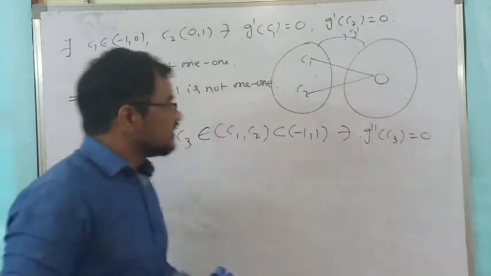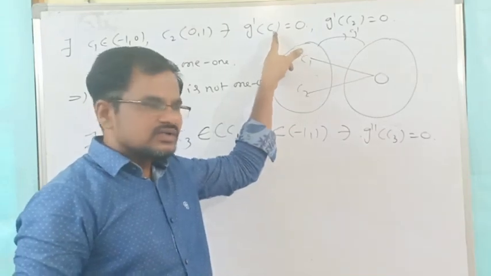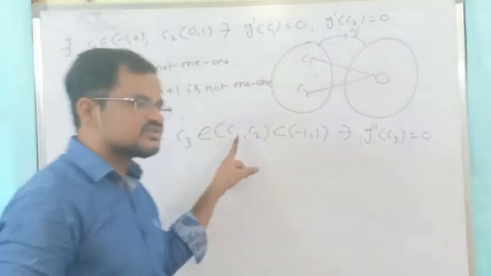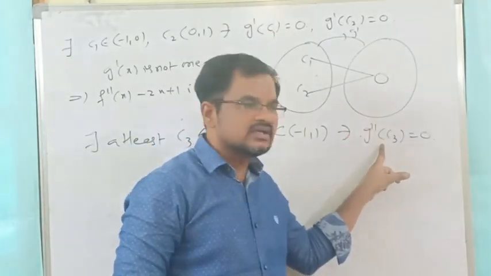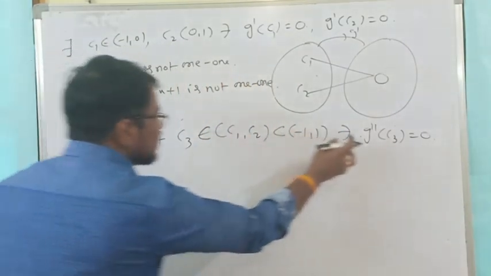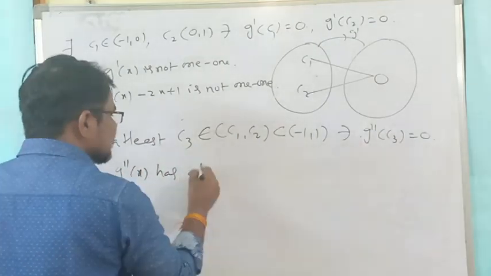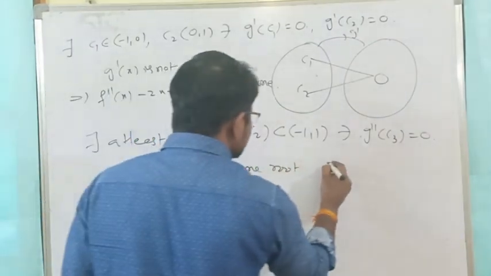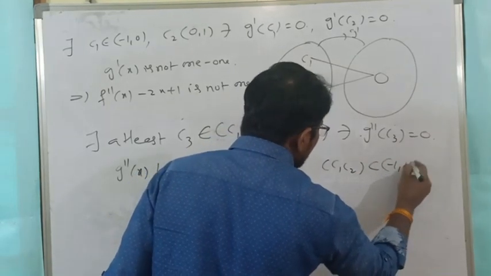Once again see, here for the g dash there are two roots. Understood? So between these two there exists at least one root c3 which belongs to (c1, c2), which is a subset of (minus 1, 1), such that g double dash of c3 equal to 0. Means g double dash of x has at least one root which belongs to (c1, c2), subset of (minus 1, plus 1).